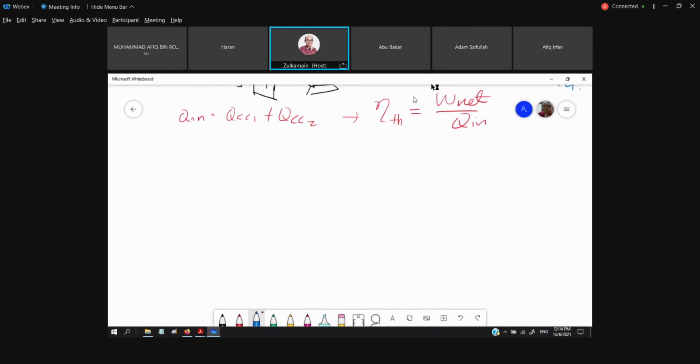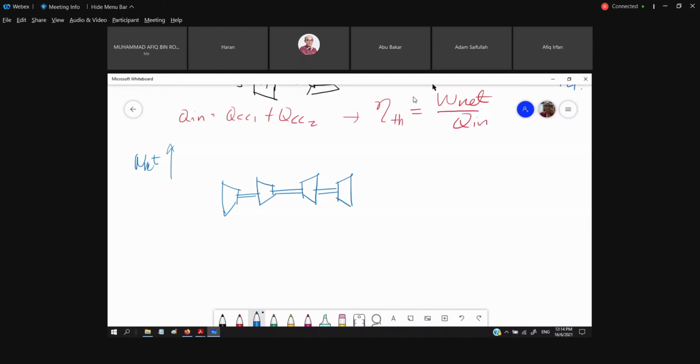How do we increase the W net? Okay, this is where we look at the compression side. So if we look at the compression side, we have multiple compression process. Let's say this is our turbine. This is our output.